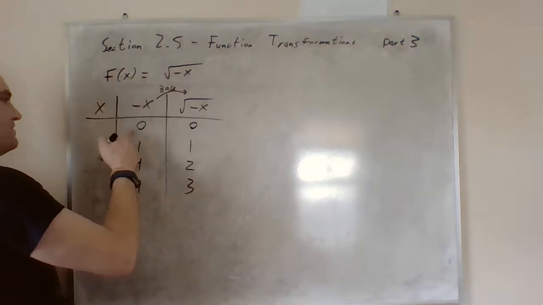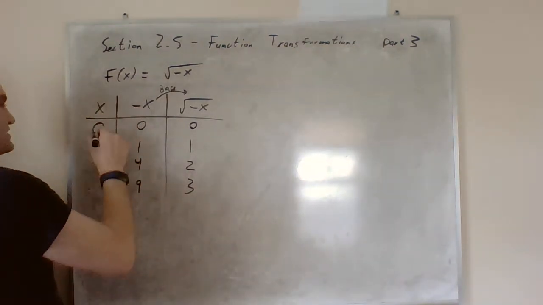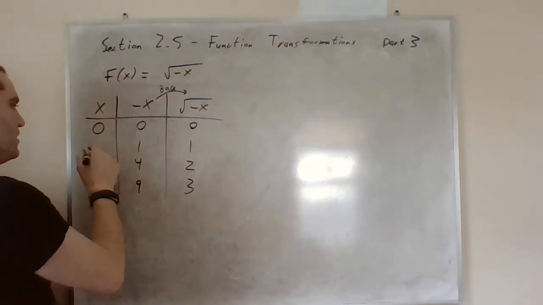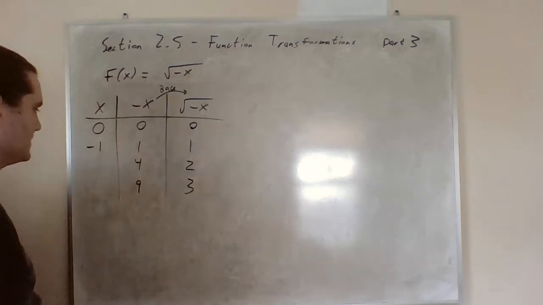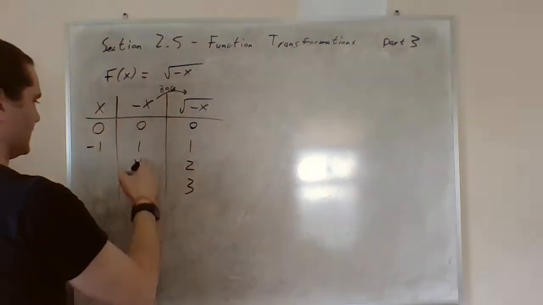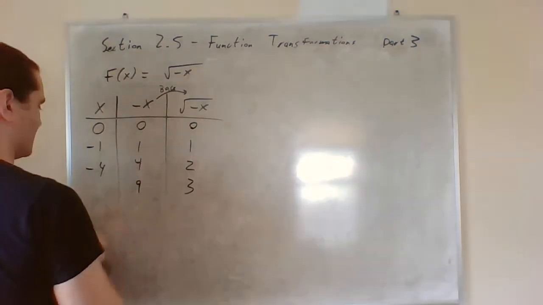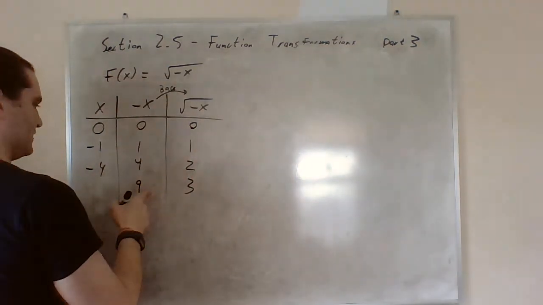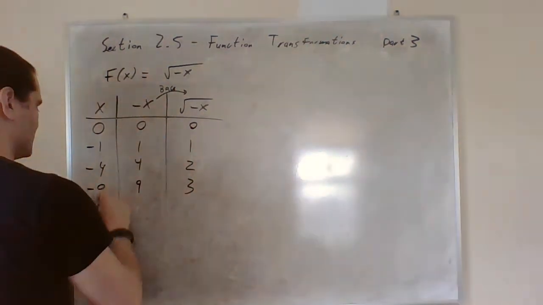If I want negative x to be 0, that means that x is 0. If I want negative x to be 1, that means that x needed to have started as negative 1. If I want negative x to be 4, that means I had to start with negative 4. And if I want negative x to be 9, that means I needed to have started with negative 9.